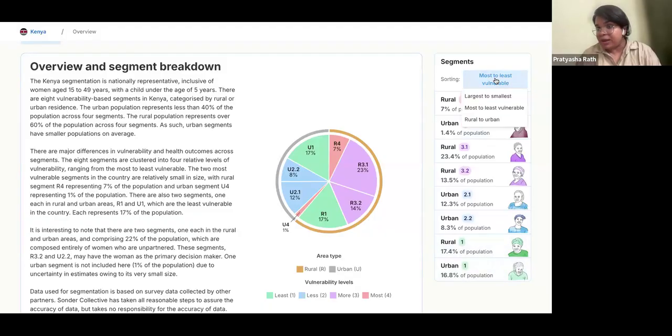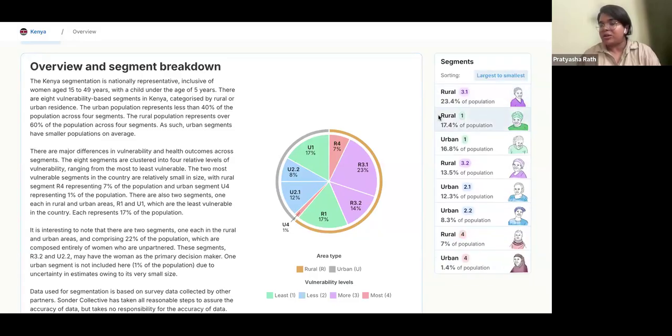You can also use the platform to very immediately sort it out in terms of sizes. So you see that the biggest segment in Kenya is this more vulnerable segment, which is rural, which is 23.4% of the population. And there are some segments, 3 segments at least, which are less than 10% of the overall population.